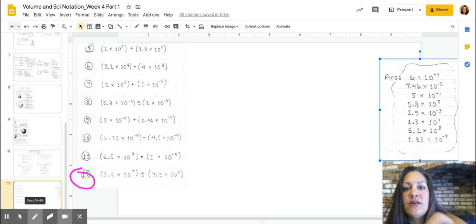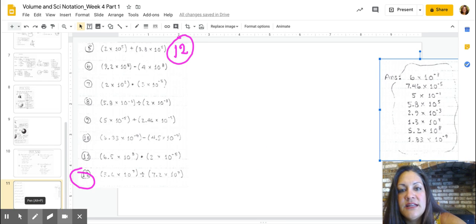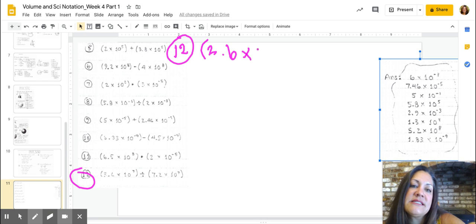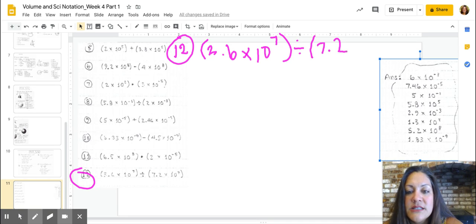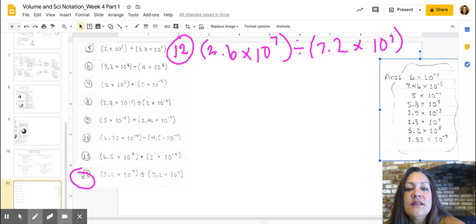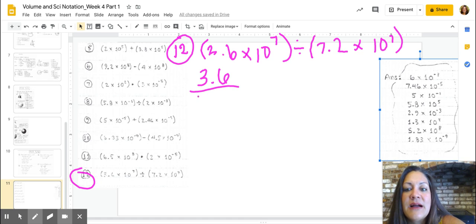Number 12. Division. 3.6 times 10 to the 7th divided by 7.2 times 10 to the 7th. Same power of 10. What will happen? So here we go. 3.6 divided by 7.2.